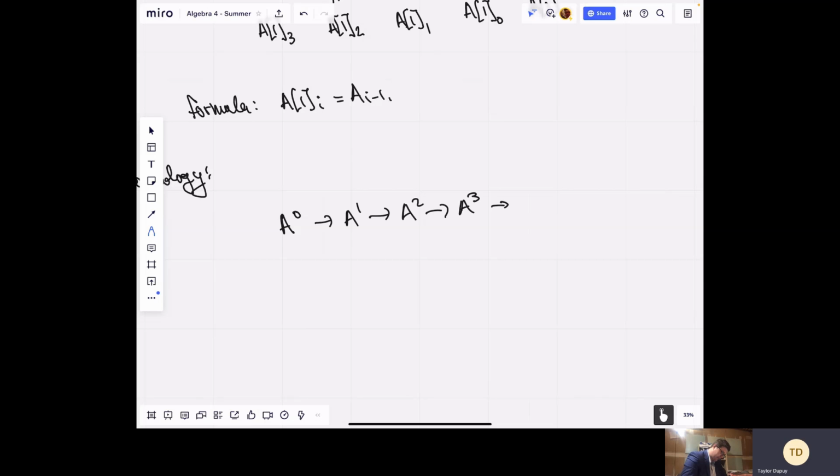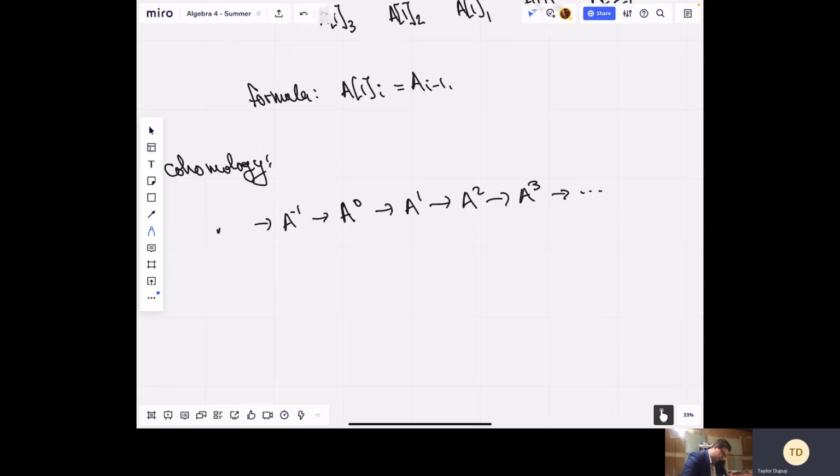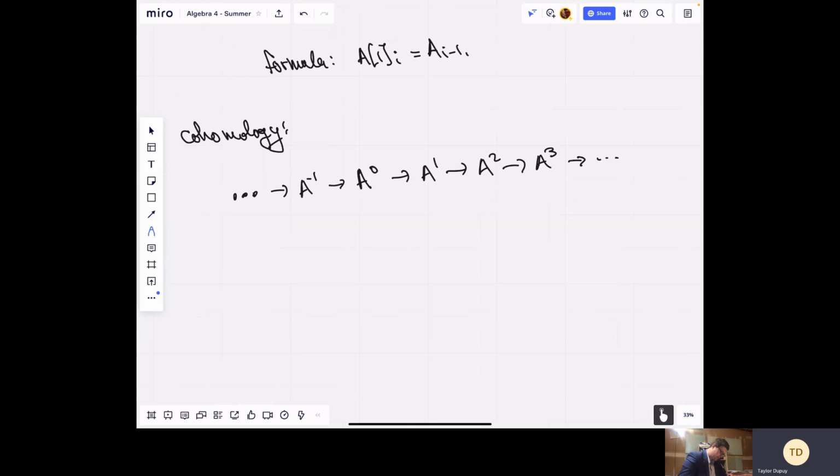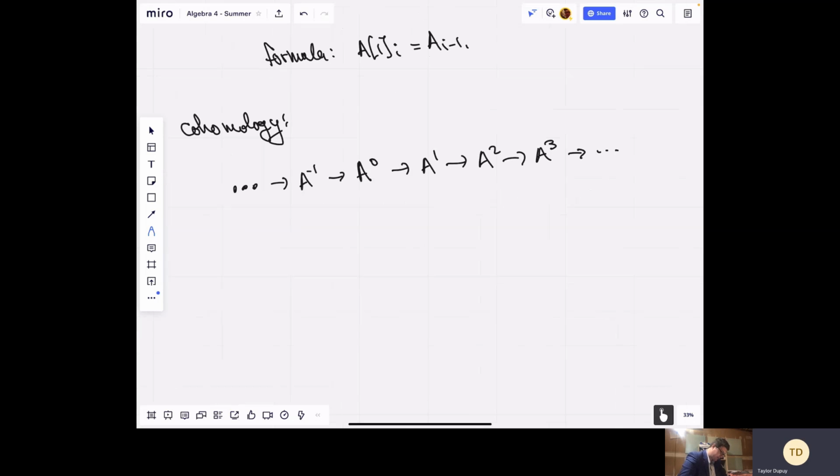It's just a difference in numbering, but it's kind of confusing because a lot of people use different conventions, so I just wanted to be really clear about this. Now let's shift everything to the left. So this is A^2, this is A^3, this is A^4, A^1, A^0. It keeps going.